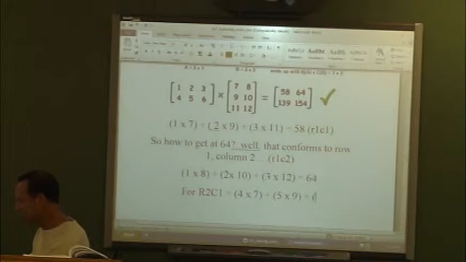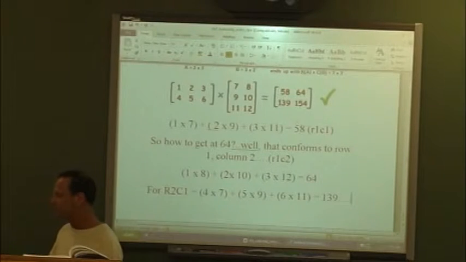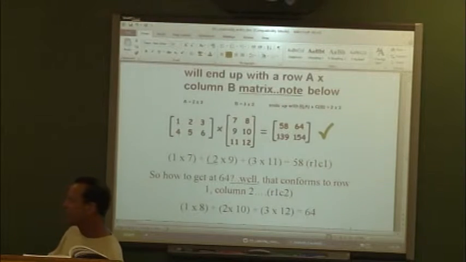Got it, excellent, and that equals 139, and that leaves you the last one, right? You got the drift. So do you see we end up with a 2 by 2?